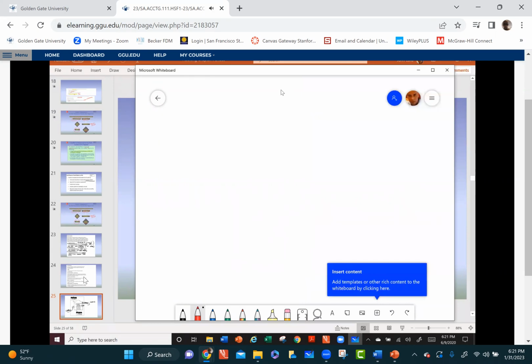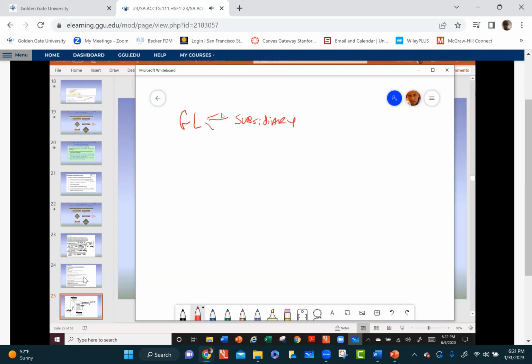Okay. All right. So what I'm going to do is give you an example here. I have my general ledger. Feeding into my general ledger, I have my subsidiary ledgers. Okay, now that's a subsidiary ledger.